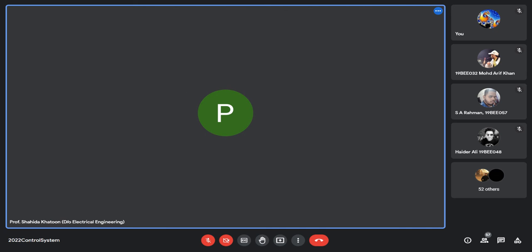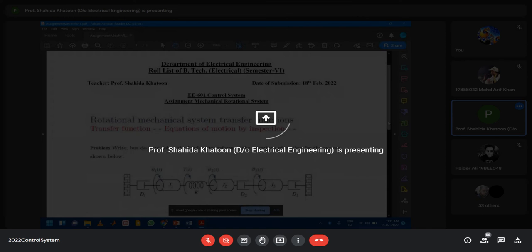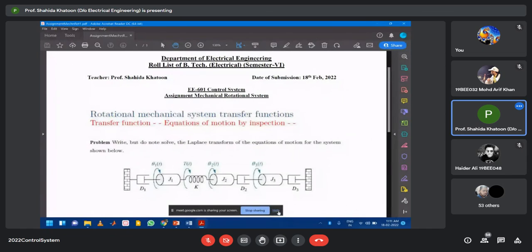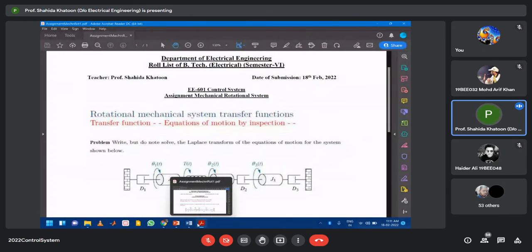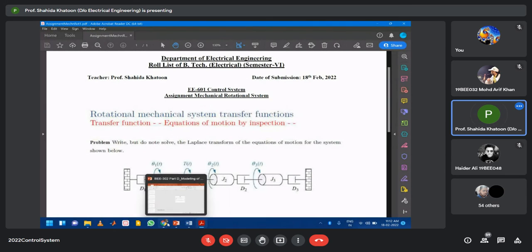All right. I am leaving this as your assignment for today. To write the free body diagram, I have written do not solve, but you have to solve it. Okay.